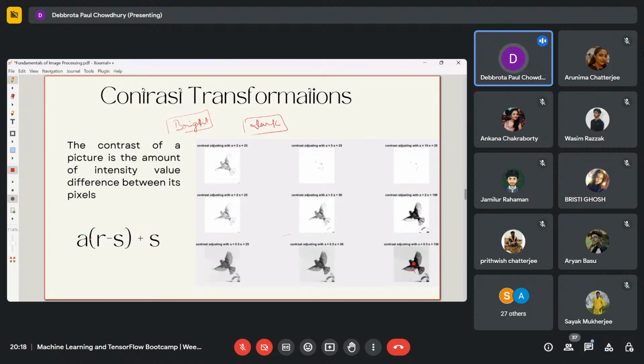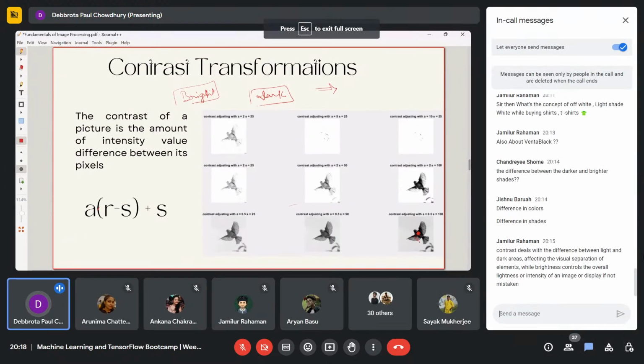Now, if you want to increase the contrast of that image, what we will do is make the bright pixels brighter and the dark pixels darker. Whenever we do that, the contrast will increase.